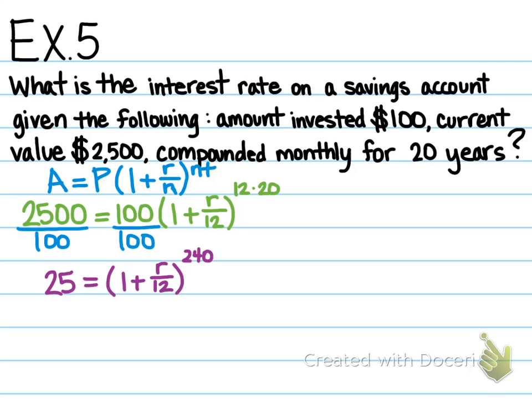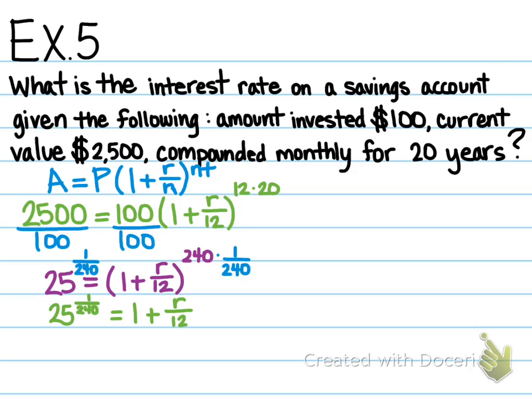So I have to undo the 240 power. So the opposite, or the inverse, will be to raise it to the 1 over 240 power. So I have to do that to both sides. On the left, 25 raised to the 1 over 240. I'm just going to leave that. On the right-hand side, the 240 times 1 over 240 is going to cancel.